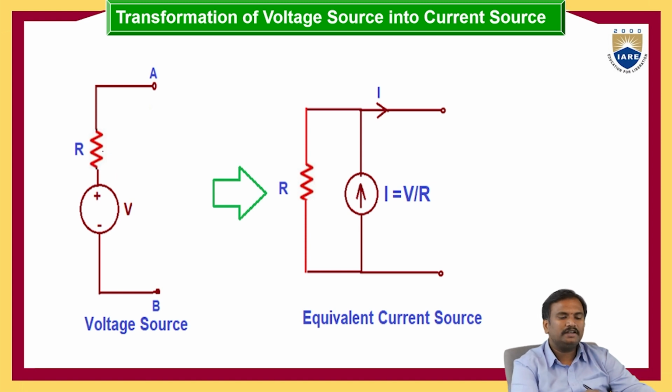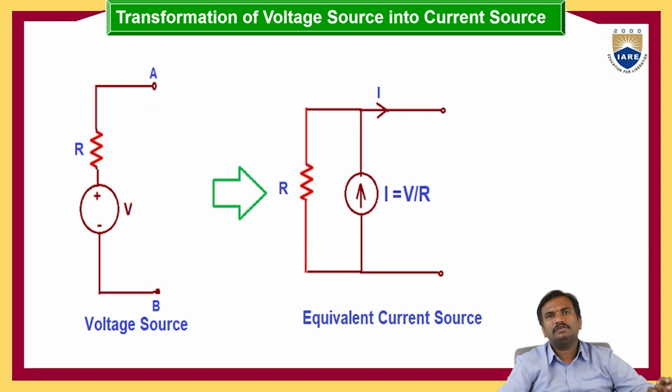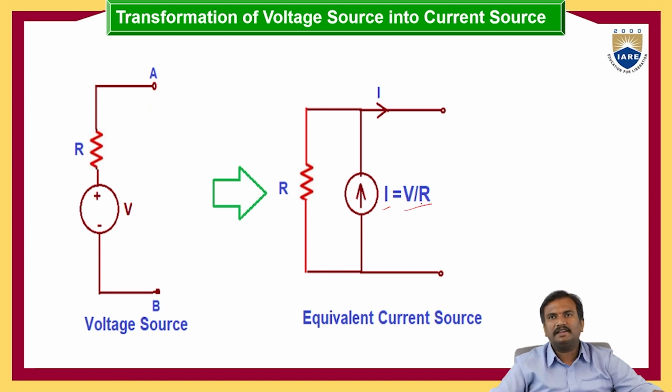A voltage source in series with a resistance will be transformed into a current source in parallel with the resistance, where the current source magnitude is equal to the voltage divided by that resistance, where I is equal to V by R.